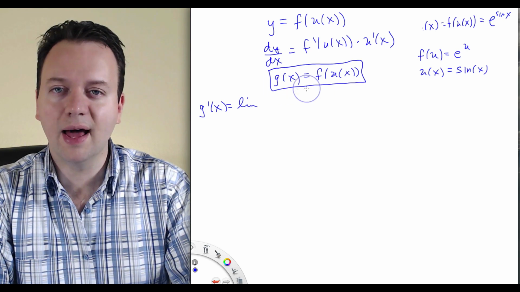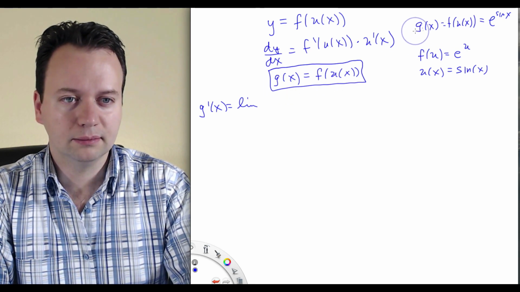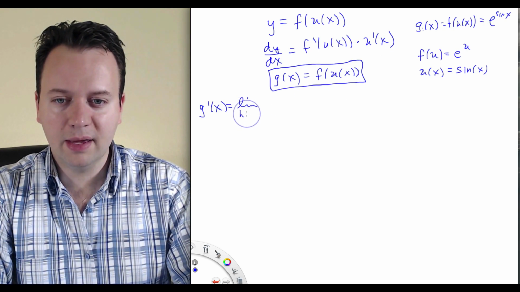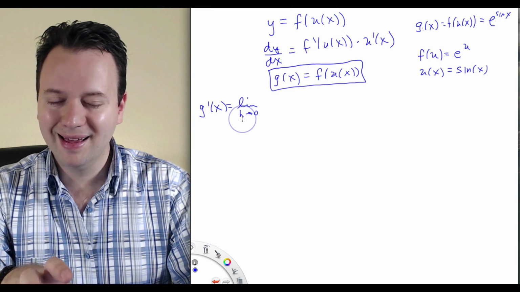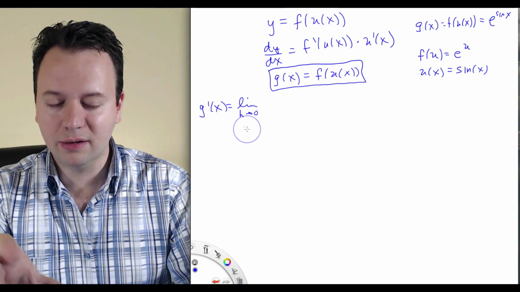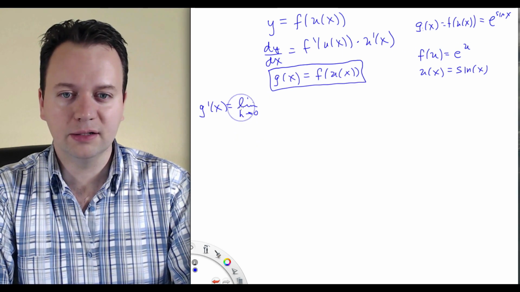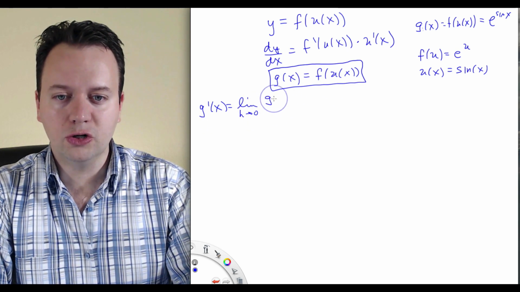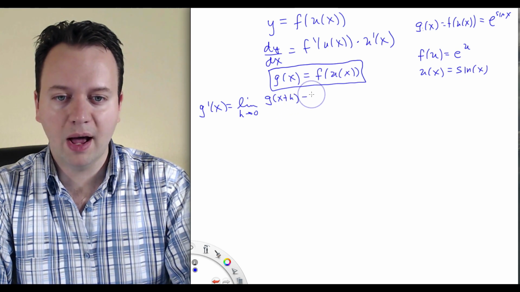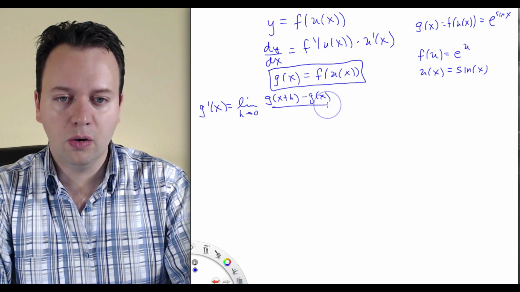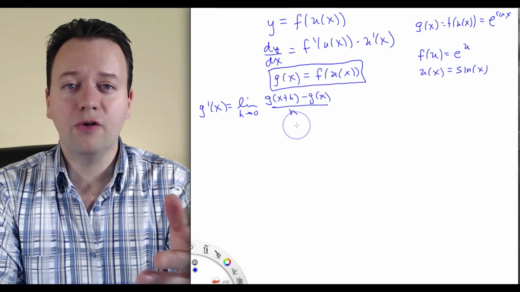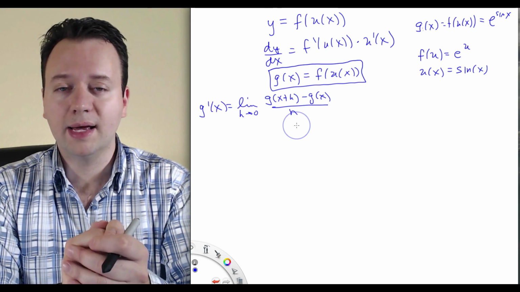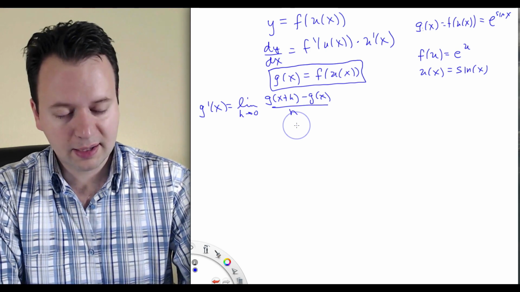So we'll say g of x is f of u of x, because I don't want to use h here and there, it's confusing otherwise. So we'll change these h of x's to g of x's. So it's the limit as h goes to 0 of g of x plus h minus g of x over h. If you have any function g of x, this is the definition of its derivative. Here g of x just happens to equal f of u of x.